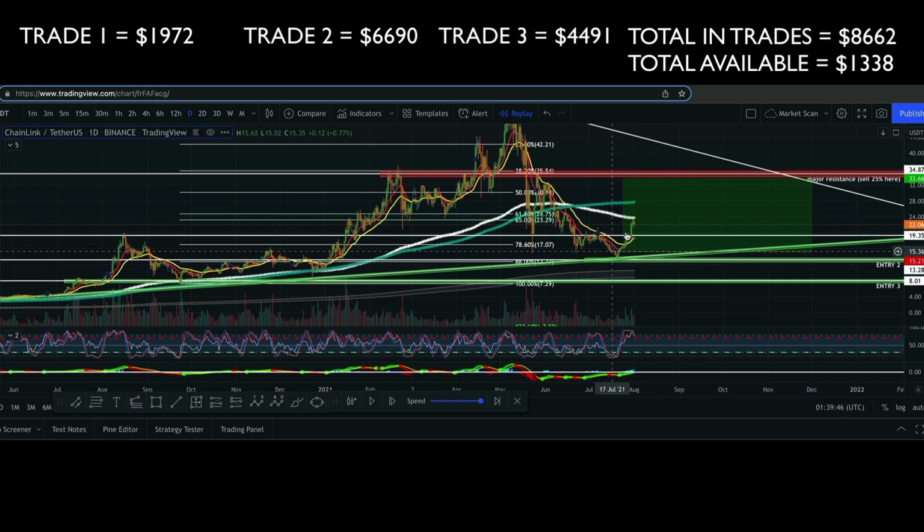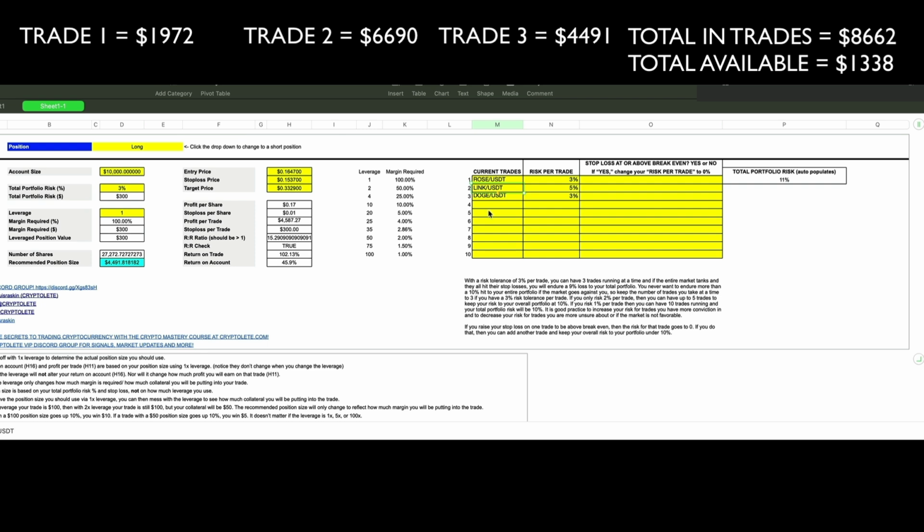So let's say that this happened, and then you go back into your position sizing calculator and you take the risk off of your Link trade. So you go back here and you put your risk for this trade at 0. Boom. Well, now your total portfolio risk is 6%, which means that you can put the Doge trade on just like how you did it before and use 4x leverage, and it doesn't matter because your total portfolio risk is at 6% because you raised your stop loss for the Link trade to above break even, and now the risk for that is 0.